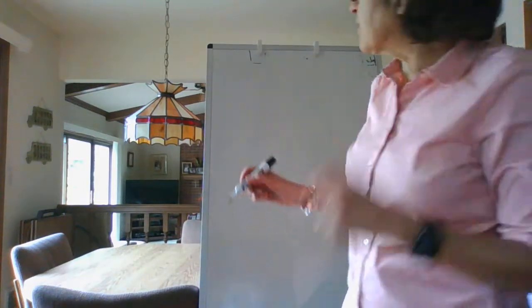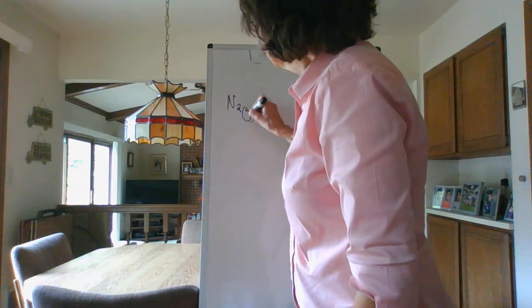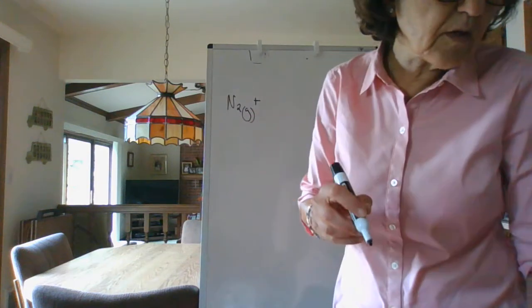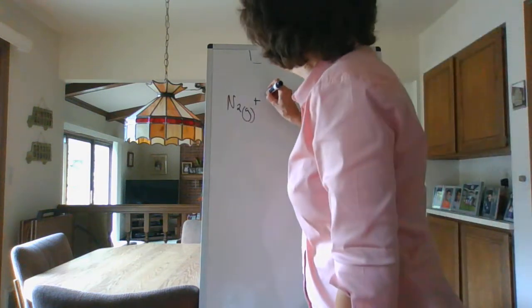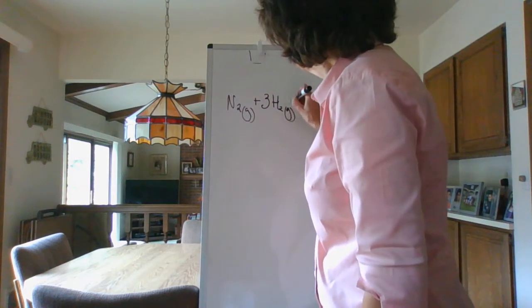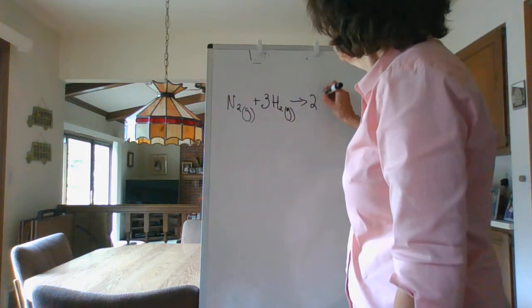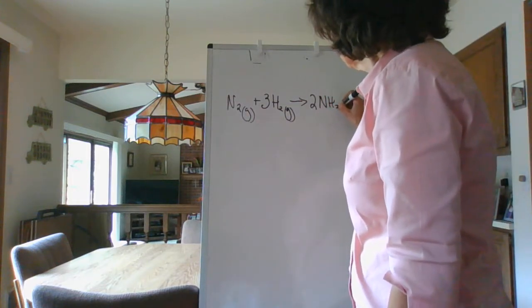All right, so we're going to have 1 mole of nitrogen gas react with 3 moles of hydrogen gas to produce 2 moles of ammonia gas.